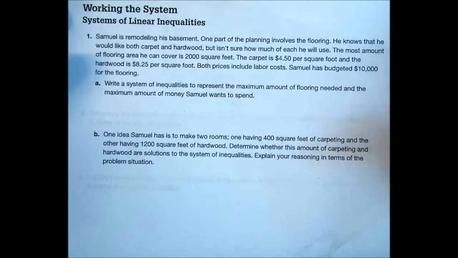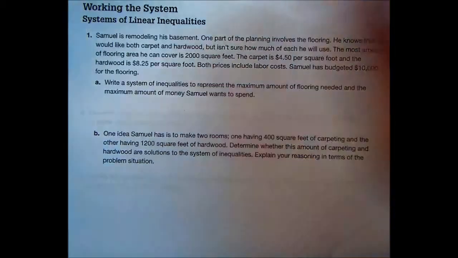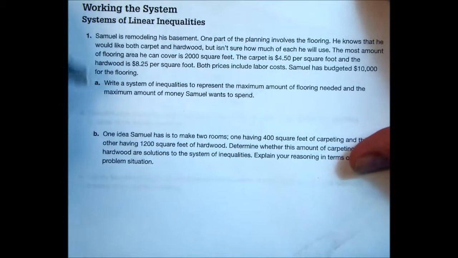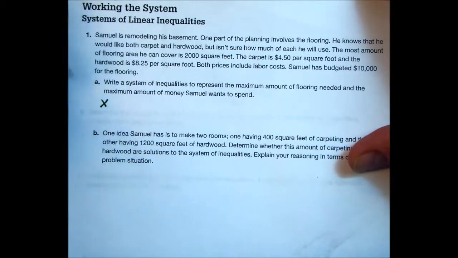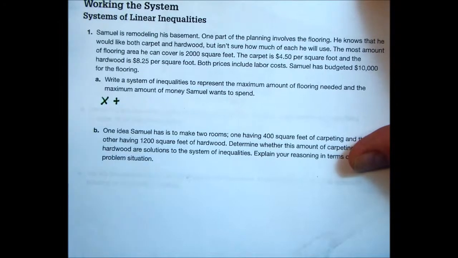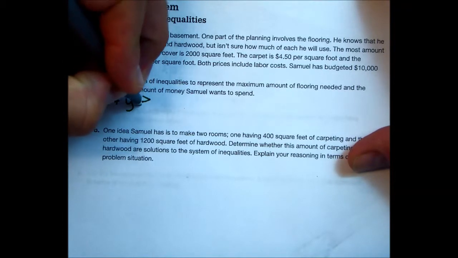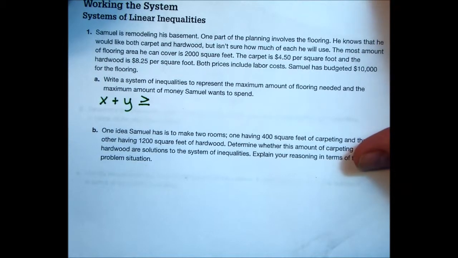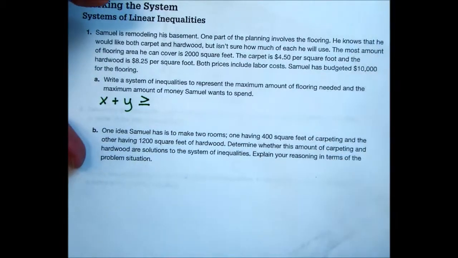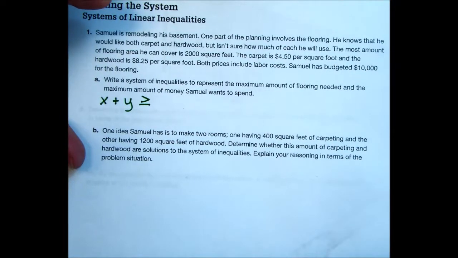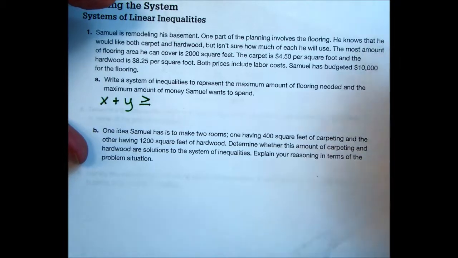So the maximum of flooring. That means we have carpet, X plus Y, and it has to be less than or equal to how many feet. So remember, carpet is one of the things and hardwood is the other, X and Y. We have two independent variables.